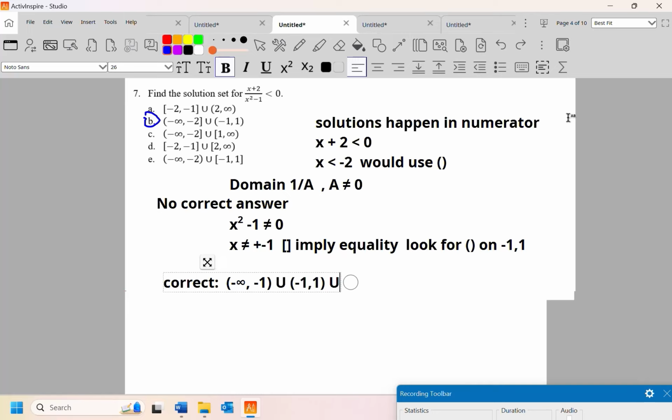No, that's not it. It would go from -infinity to -2. And that's it. That's what it would do. Nothing more. So I don't know who wrote this question, but they borked it.